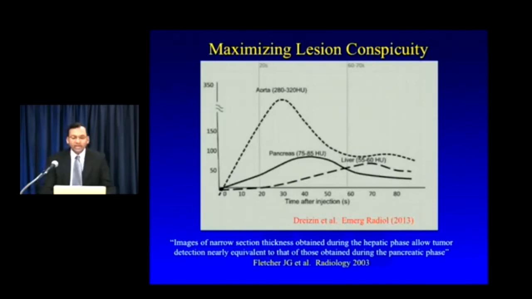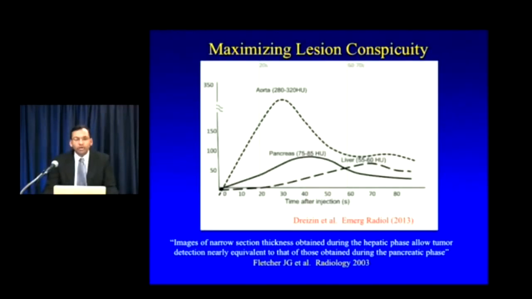Now here's a really nice illustration from an article by Dreisen et al. in Emergency Radiology a couple of years ago, and you can see that the pancreas enhances maximally at roughly about 40 seconds after IV contrast. So just after our traditional arterial phase, but before the traditional venous phase.